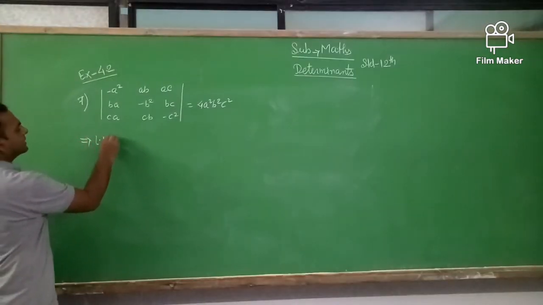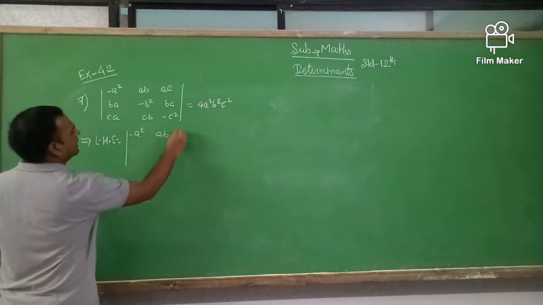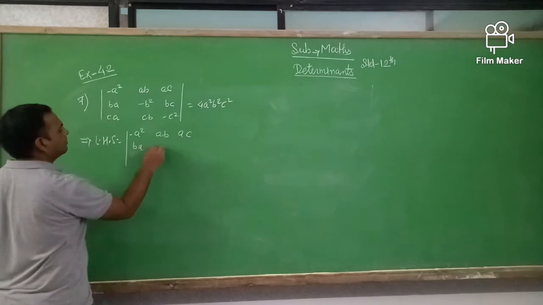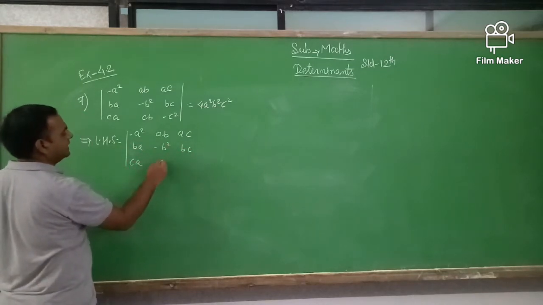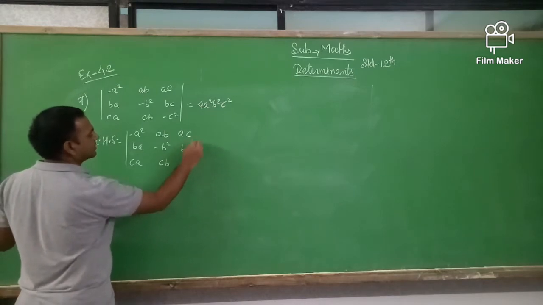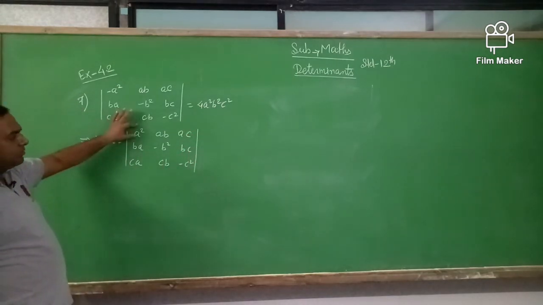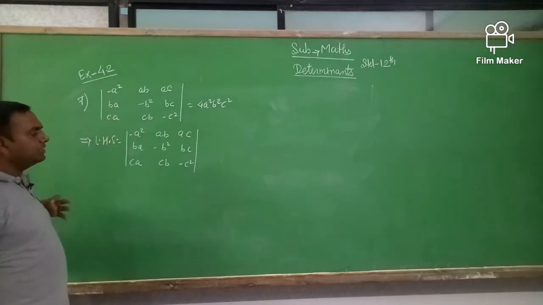On the LHS, the determinant's first row is minus a square, ab and ac. The second row is ba, minus b square and bc. The third row elements are ca, cb and minus c square. So I take a common in the first row, b common in the second row and c common in the third row.